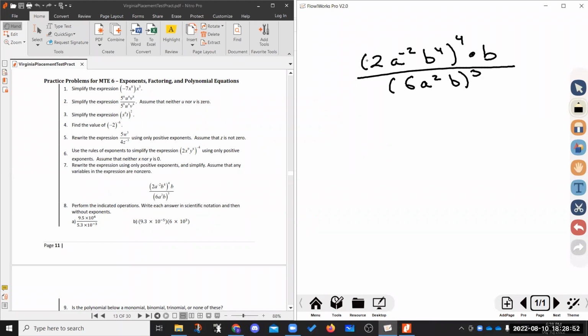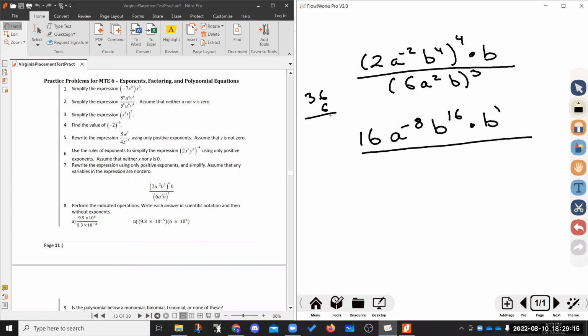We're going to get rid of these parentheses here. 2 to the fourth is going to be 16. A to the negative 2 times 4 is negative 8. B to the 4 times 4 is going to be 16 times another b to the first over here. 6 to the third is going to be 36 times 6. That's 216. A to the sixth, b to the third.